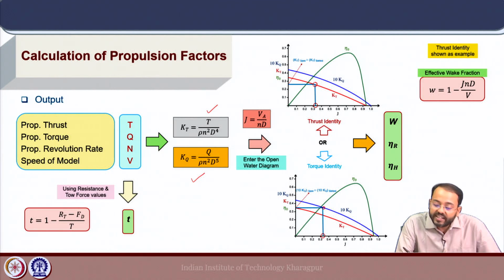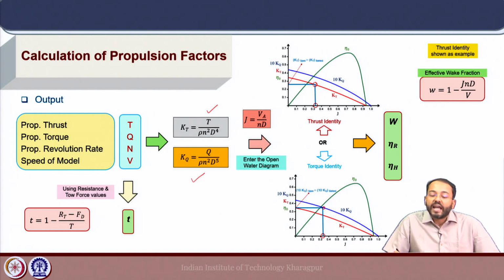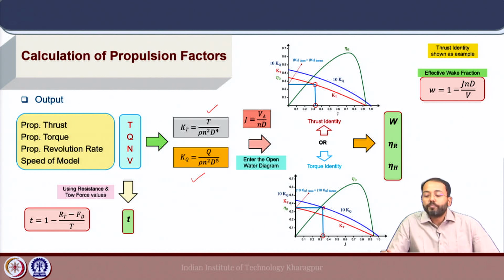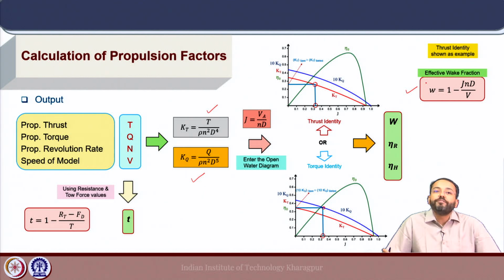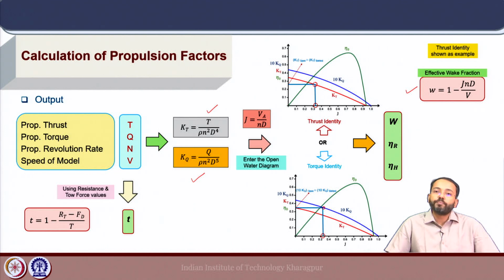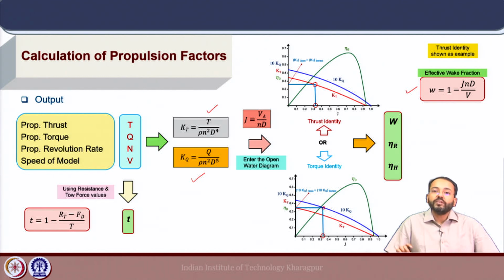Let us say we enter the open water diagram using KT and obtain the value of J. Now, the wake fraction can be calculated by this equation, where N, D and V are obtained from the self propulsion test and J is the value which is taken from the open water diagram.